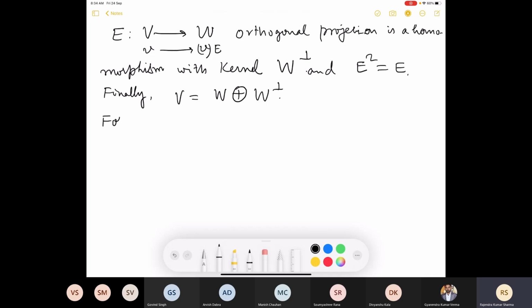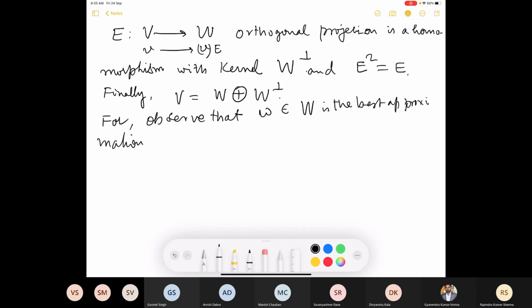So for this, you can observe that W in W is the best approximation of itself by vectors in W. If the vector is in the subspace W itself, then the least distance from W will be 0.